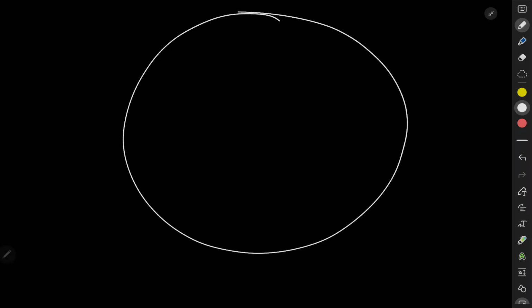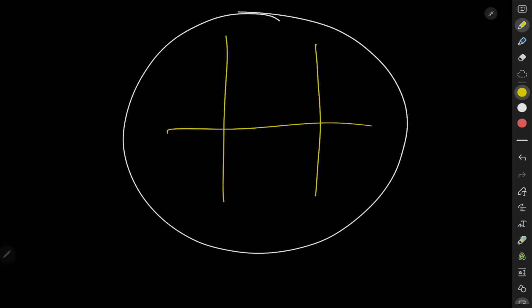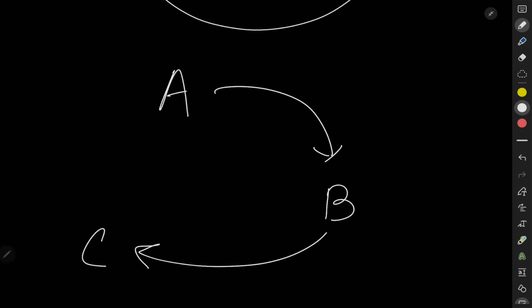Here is a plate, blood agar, right? Streak, 2 lines. What are these lines? How to remember them? Here is how we remember them. A, B, C. Then kind of shift it.